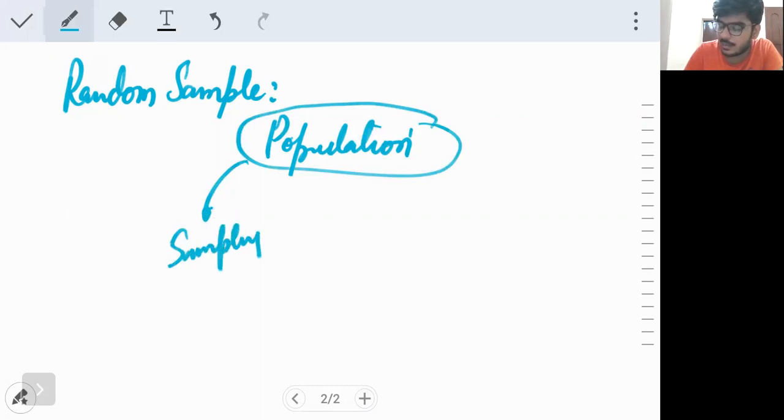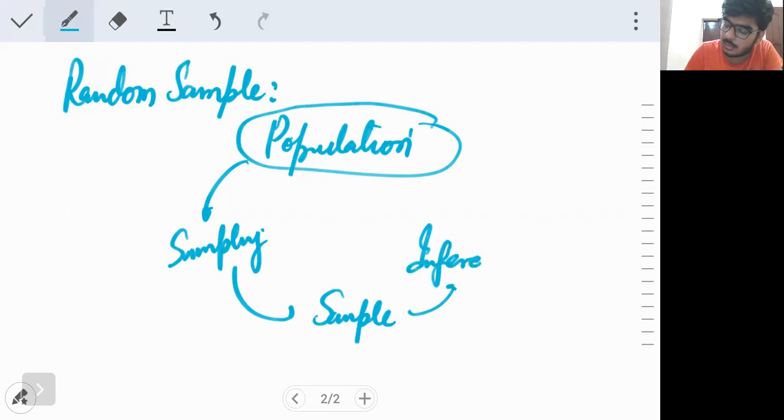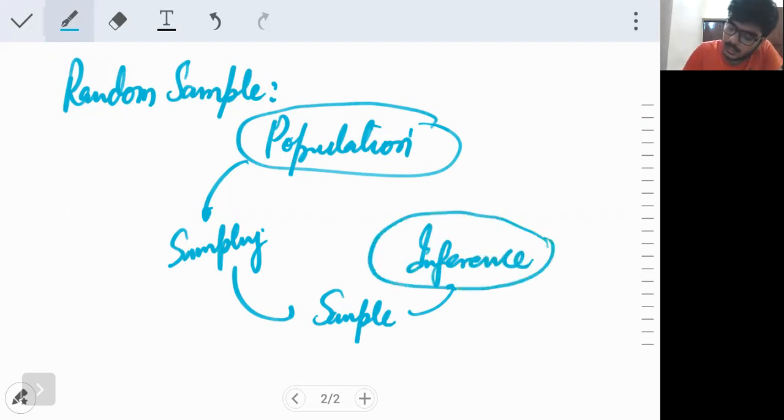We'll discuss what is sampling, and this is the sample, that is the data. And now we draw inference about the data, and using this inference we try to get the information about the population, the characteristic traits that we want about the population, right?